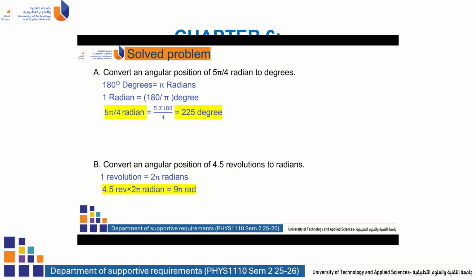Now here are some small problems. In part a, it says convert an angular position. The angular position is given here, 5 pi by 4 radian.